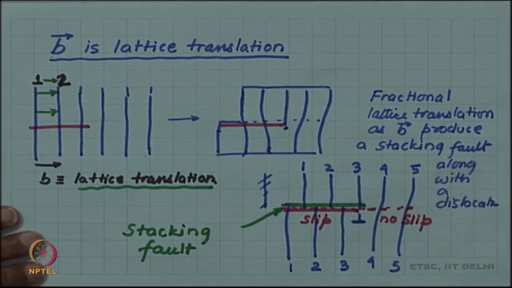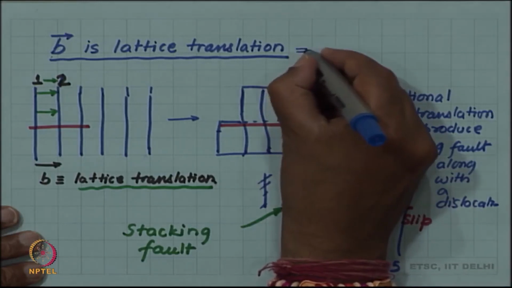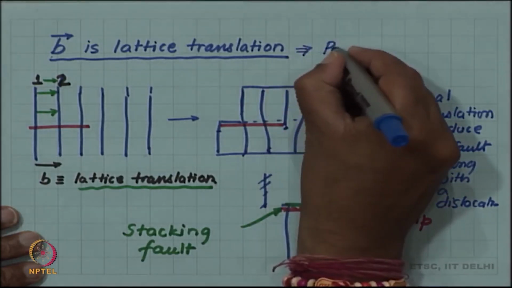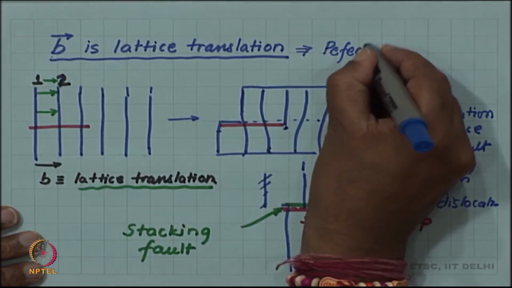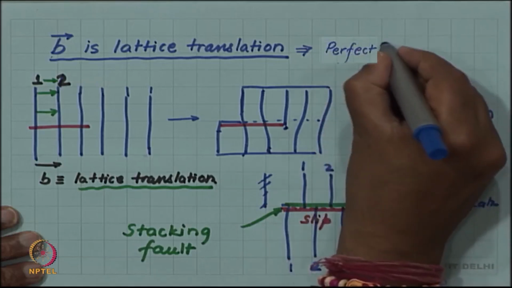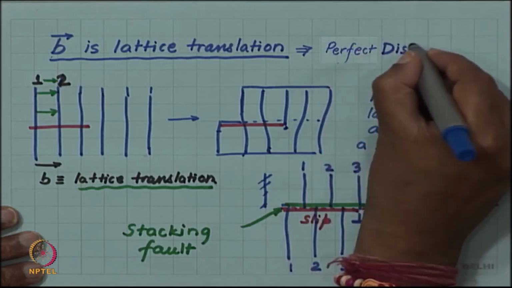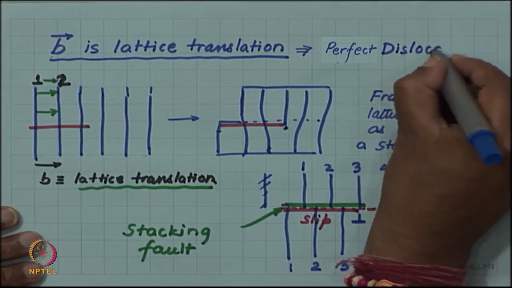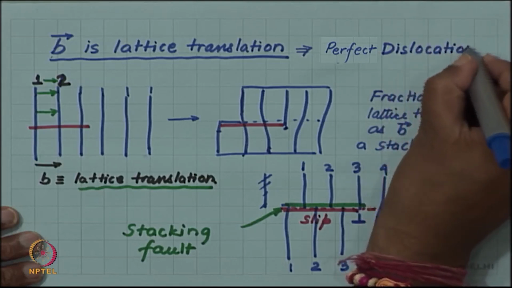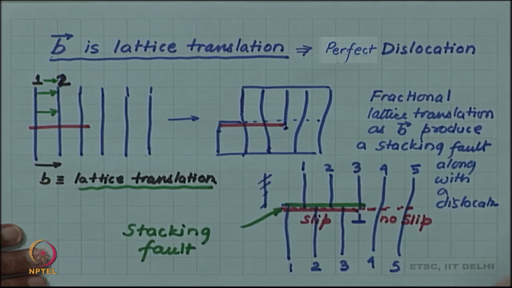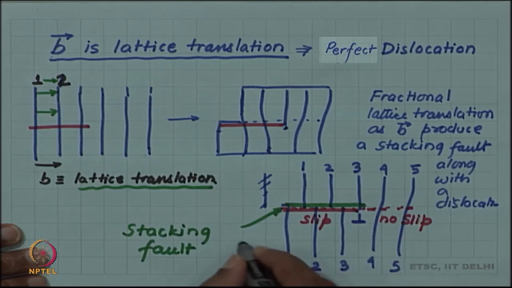These kinds of dislocations are sometimes called perfect dislocations. Dislocations themselves are defects, so perfect dislocation is a somewhat strange name, but we use it. A dislocation associated with a stacking fault will be called a partial dislocation.